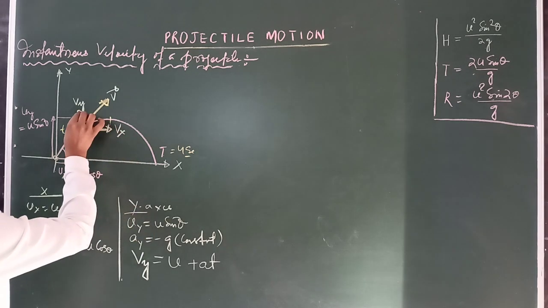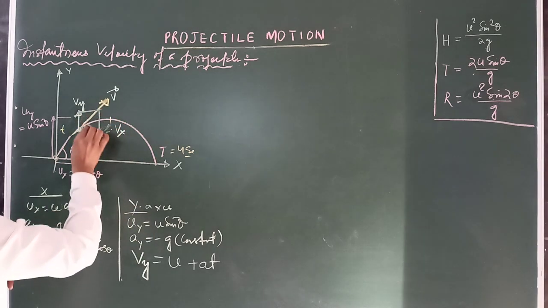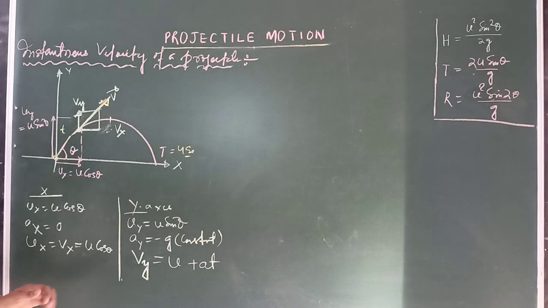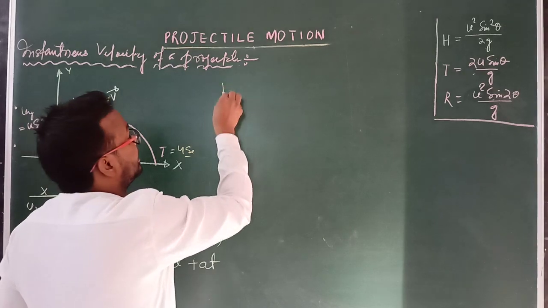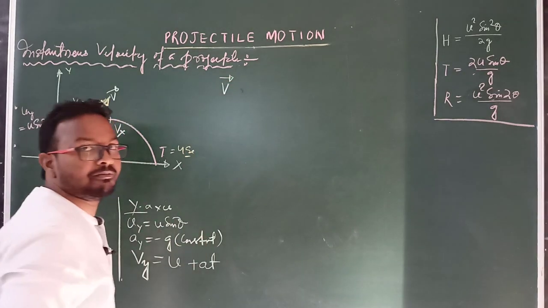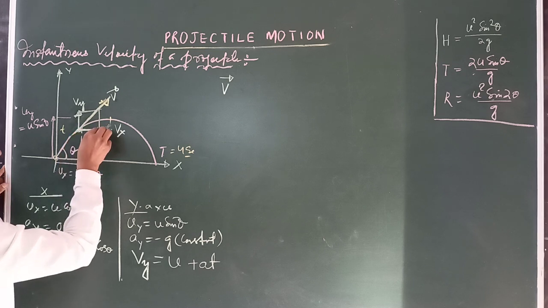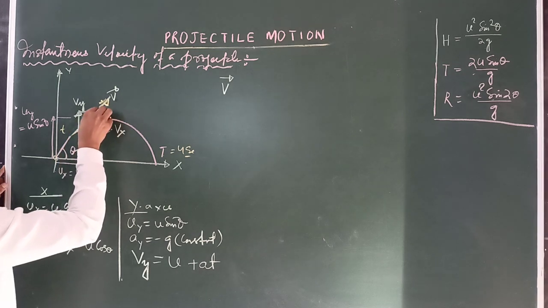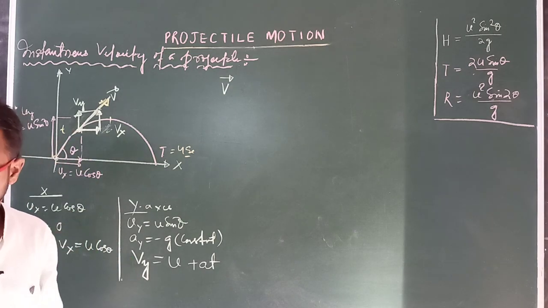Clear? So if you complete the parallelogram, then this will be the resultant vector. Clear? Okay. For instantaneous velocity, we find this instantaneous velocity, the v vector. So the v vector is the combination of this vector plus this vector equal to this vector, by using the triangle law of vector addition or the parallelogram law of vector addition.